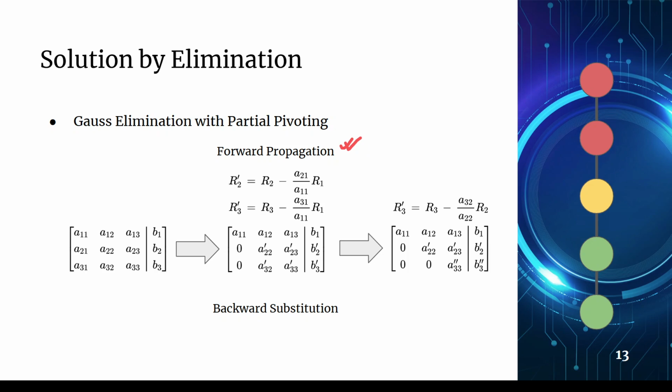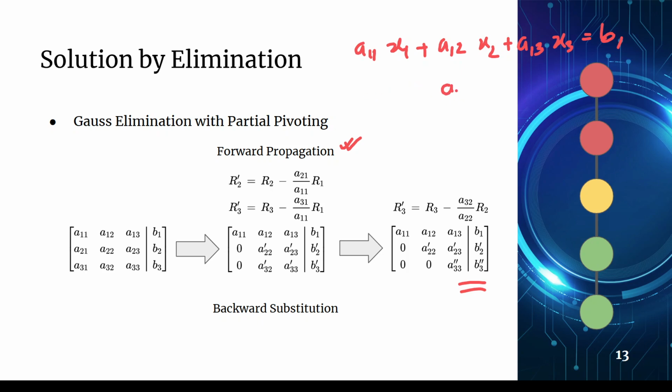And what happens next? If you look at this matrix carefully, if I say that my variables were x1, x2, and x3, this matrix presents a11 x1 plus a12 x2 plus a13 x3 equals b1. Over here we have a 0, so it doesn't matter.